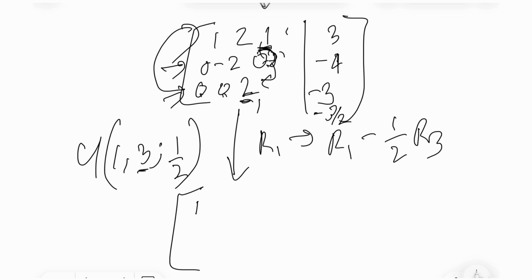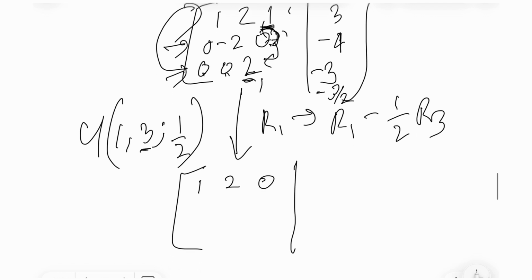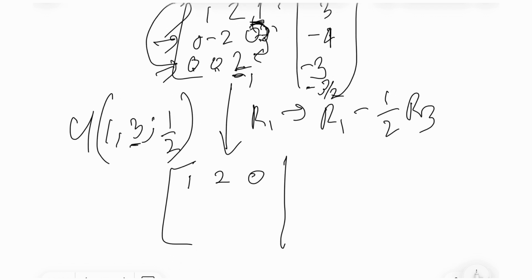This becomes 1 minus 0, 2 minus 0, 1 minus 1, 0, 3 minus 3 by 2, 3 minus minus 3 by 2, which is 3 plus 1 by 2, so 4 and 1 half. Or let's just make it 9 by 2.